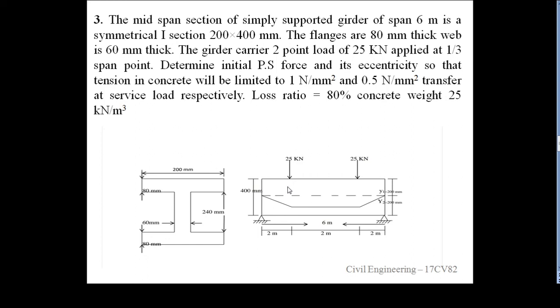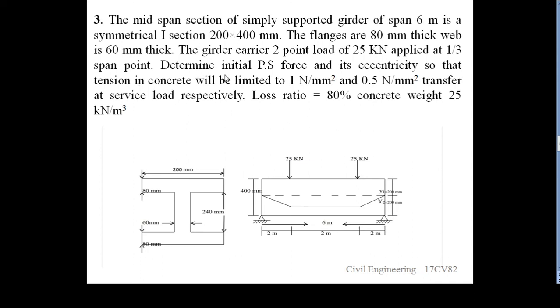You take that 25 kN as the point load. Due to these point loads, the cable is trapezoidal in shape. Then y1 is positive, y2 is negative, 200, 200. Overall depth 400, y1 plus 200, y2 minus 200.